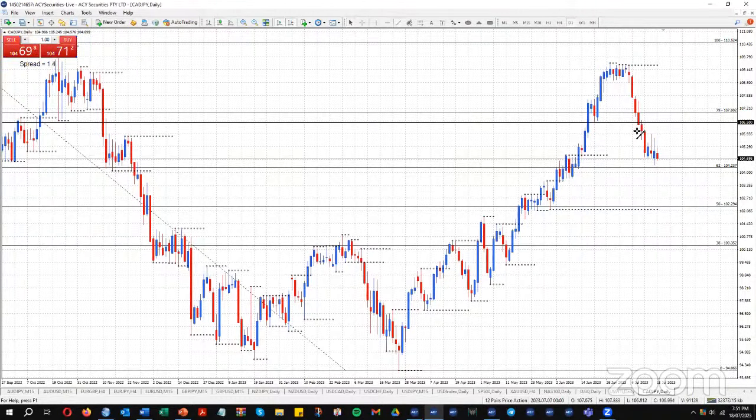Personally, if I was looking at this to trade, I would want to know if this can come back to here, to this area here. And then what happens in this area here? Does it fail there? It's a little bit overextended to the downside at the moment. I don't know whether you're looking to go long or short, because I don't know. Let me just see if you've answered me.